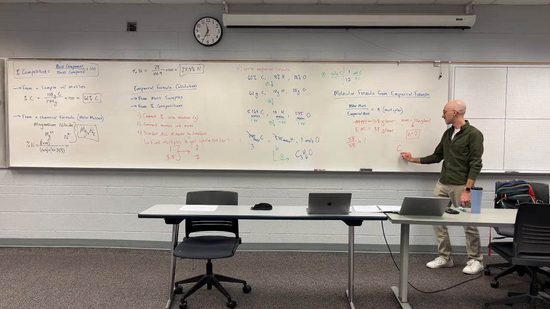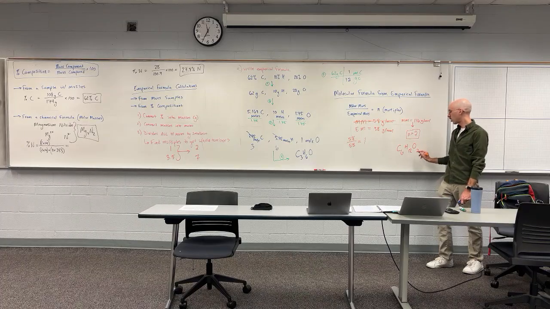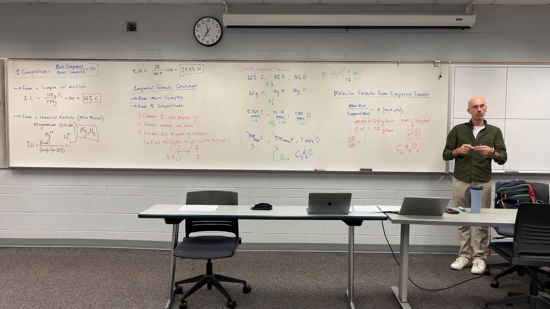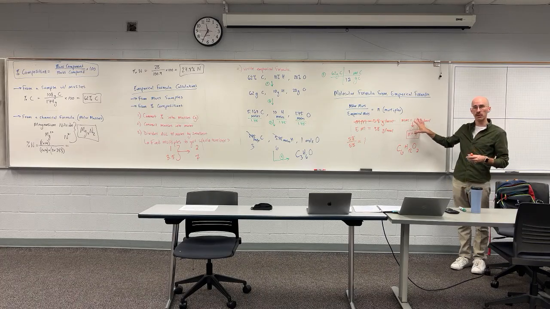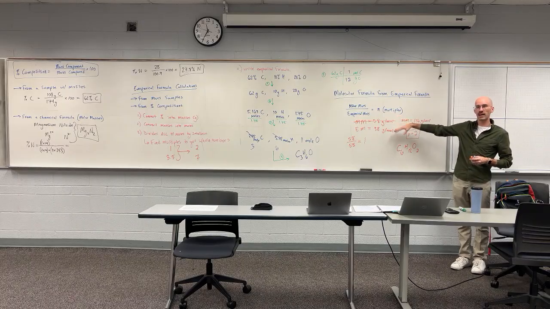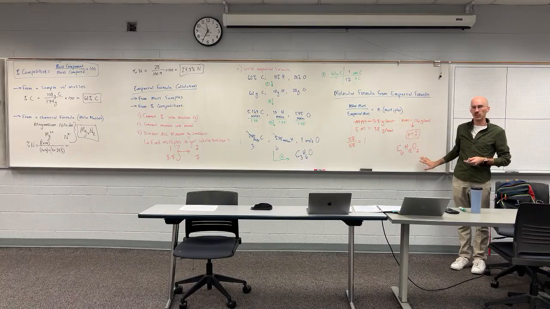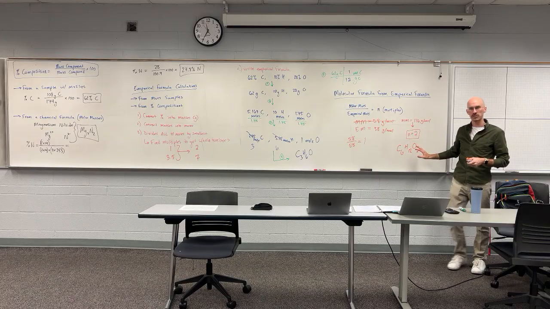So then you get C6H12O2. You multiply the empirical formula by that multiplier to get your molecular formula. You will get problems where the empirical mass and the molecular mass are the same. You'll get problems where they are different. You just multiply.